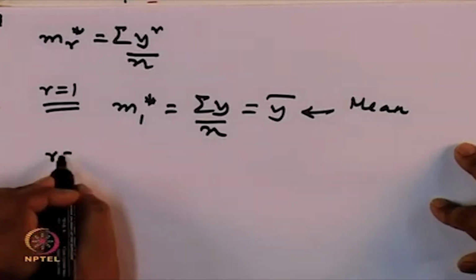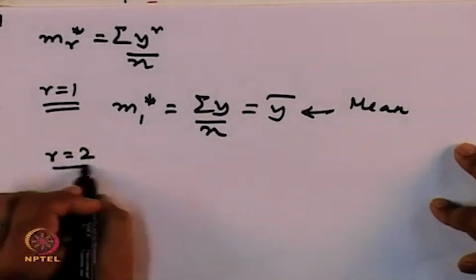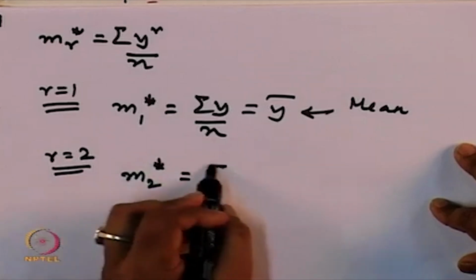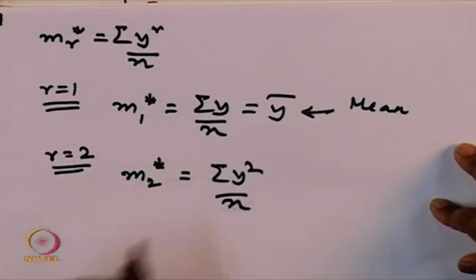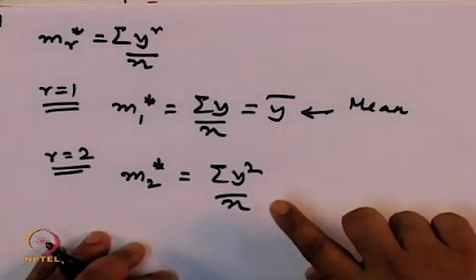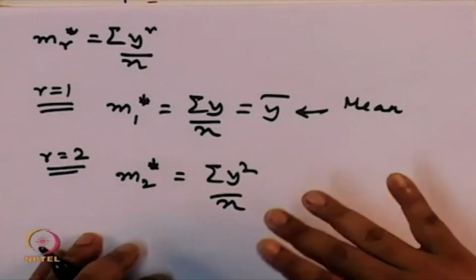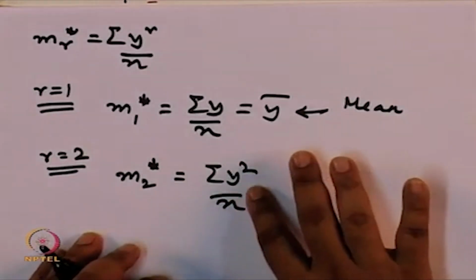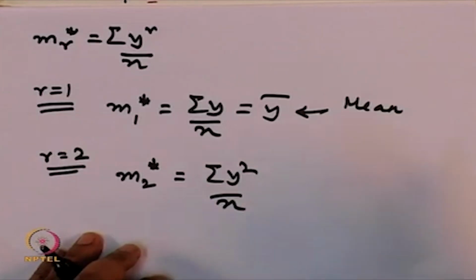What about r equal to 2? Then I have m2 star about 0 as summation y square by n. I know that the way standard deviation or variance is defined, you have a term of y minus y bar whole square by n.